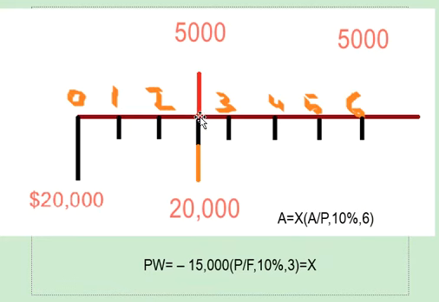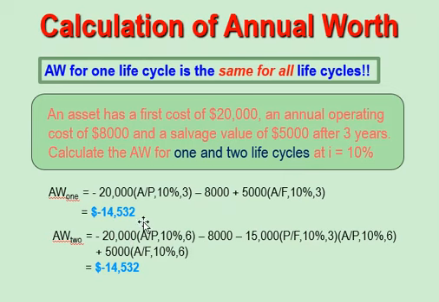At year 3, I have to sell and buy another one in order to have a new cycle. This money here, when I sell and buy, it's negative 15. Send it to the present. Then, from the present, convert it or transfer it to yearly payment using this formula. As simple as that. And guess what? It's the same amount. So what we say is, rather than using 2 cycles or 3 cycles, once you get AW for 1 cycle, any other cycle would be the same. And by that, this is one of the advantages of using AW over PW.